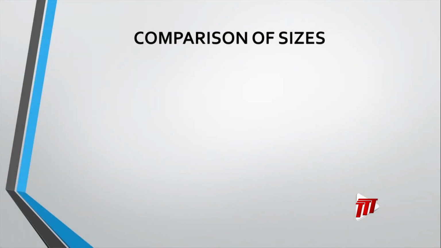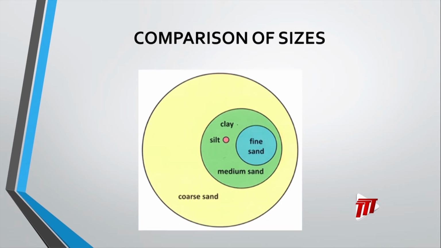So we look at the comparison of sizes now. Here we could see a diagram comparing the different sizes of the particles. The largest circle in yellow is the coarse sand. The grittier it feels, like the beach sand, this is how it would compare.